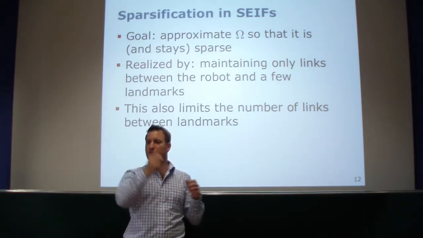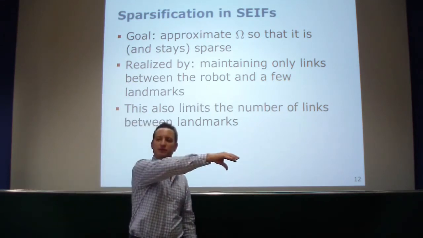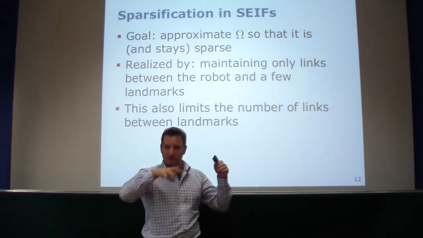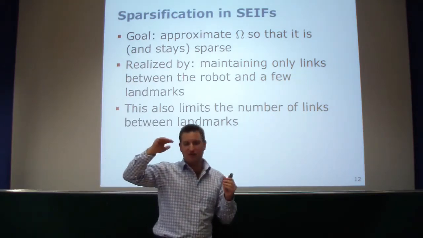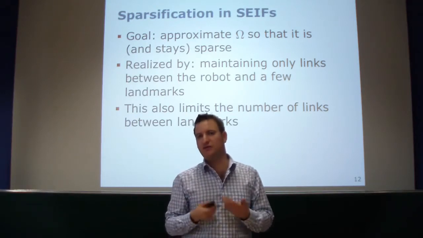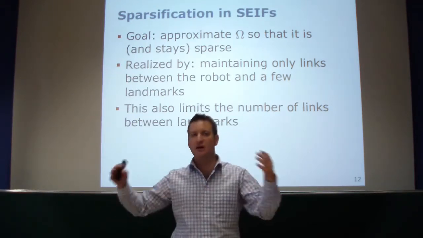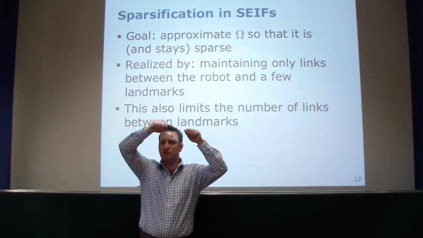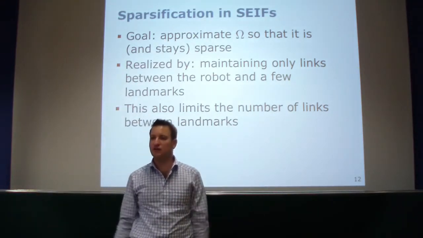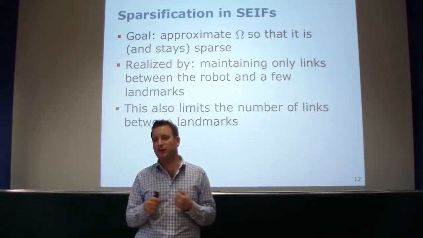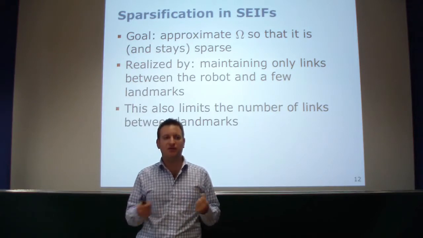Because the problem was, when the robot moves, given that it has the connection to all these active landmarks, in the update step this block matrix got dense. And this is the thing we want to avoid, because if we would continue that, we would have links in this information matrix between all features and the robot's pose, a densely connected graph, if you see it as a graph. So all variables are dependent on each other, have a direct link.